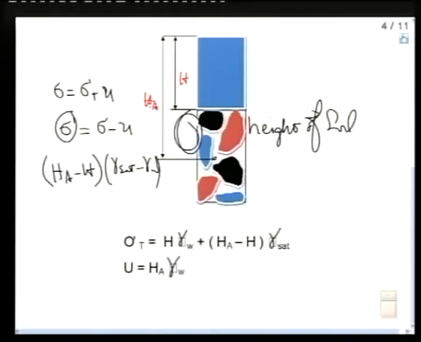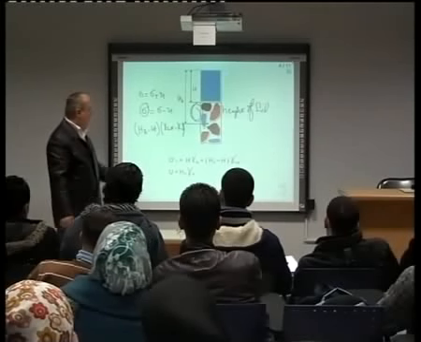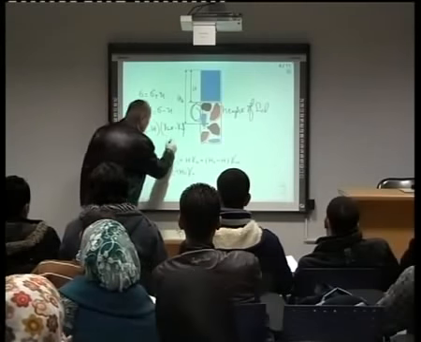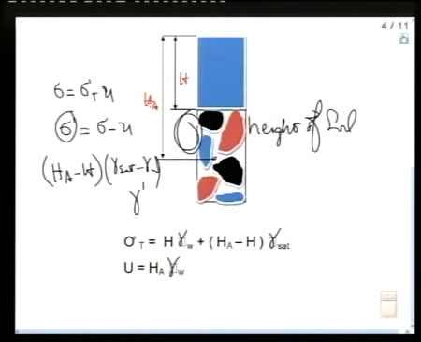The difference between HA and H is the height of soil, multiplied by gamma saturated minus gamma water.